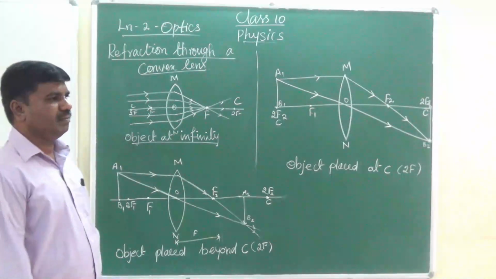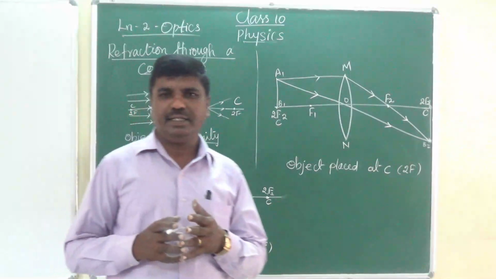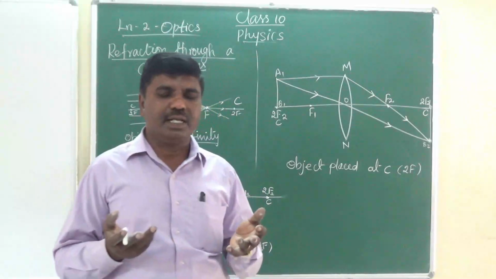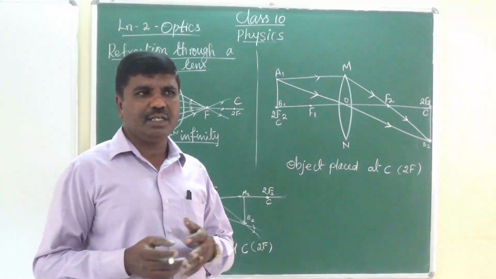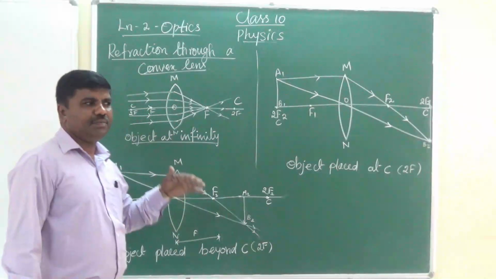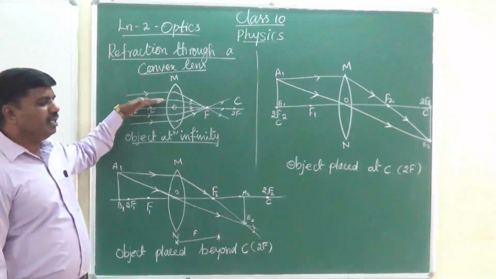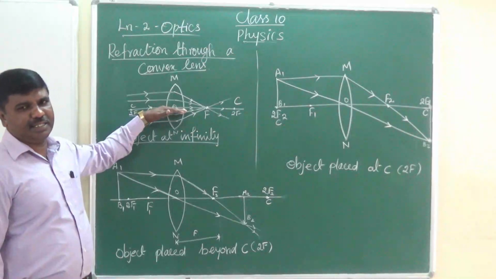Now, the source, whether the light or the sunlight from the sun, or the trees, or from a far distance, may come as a number of rays parallel to the optic axis.